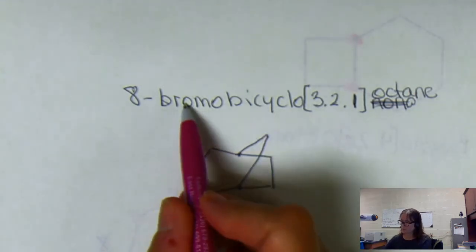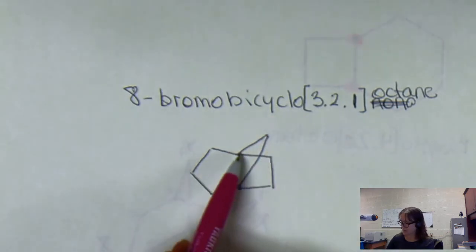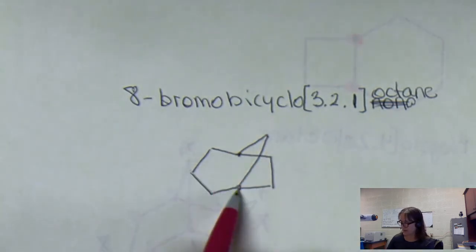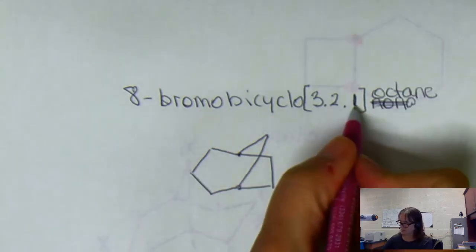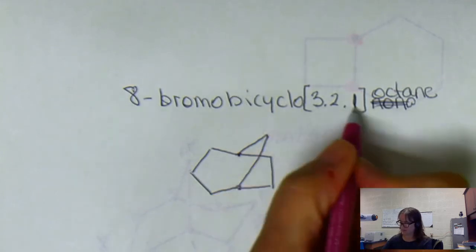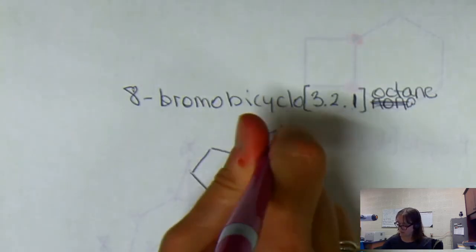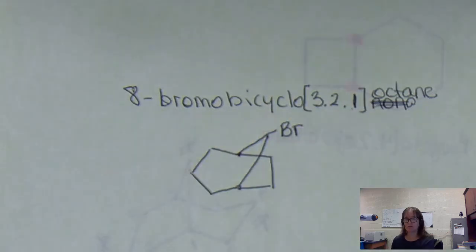So bromo is on 8. And so carbon 1 has to be one of these. And the bridge, the smallest bridge, that last carbon, it has to be carbon number 8. And so our bromine is on carbon number 8.